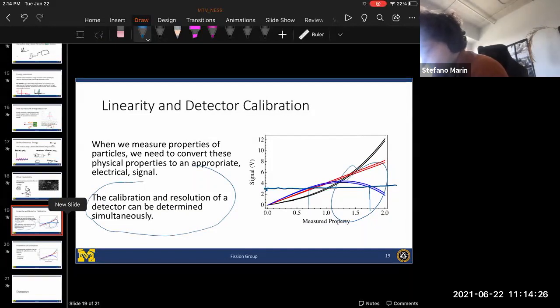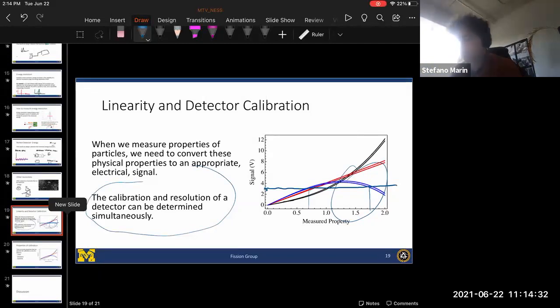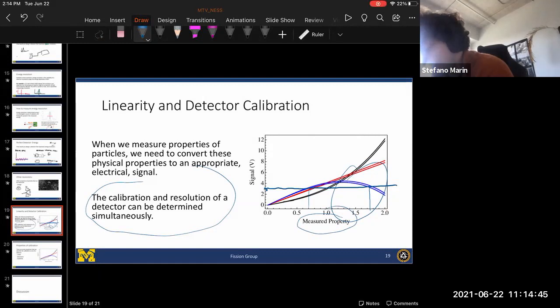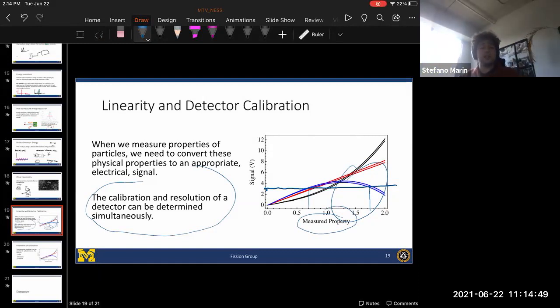The shape of the line will determine the calibration of the linearity of the detector, and the width of the line will determine its resolution, all with respect to some measured property. This measured property, as we said, could be energy, time, position, even multiplicity. So making this type of plot is very important when you try to characterize any type of detector.